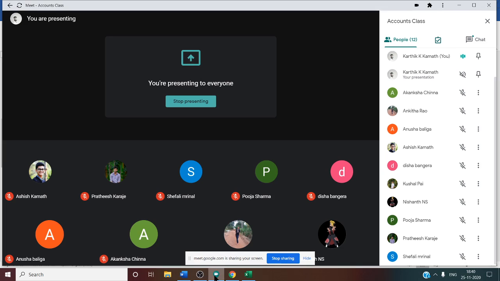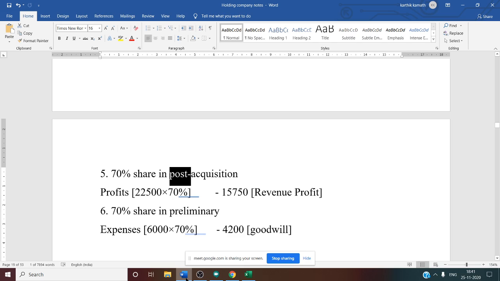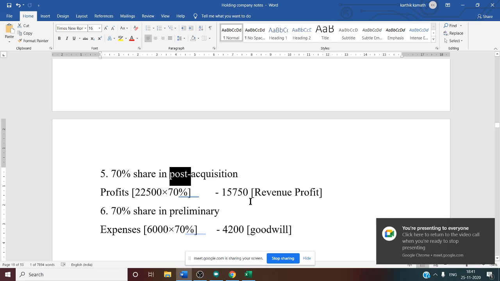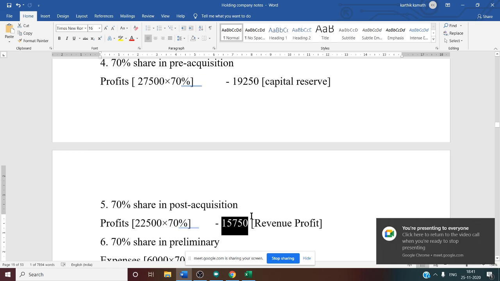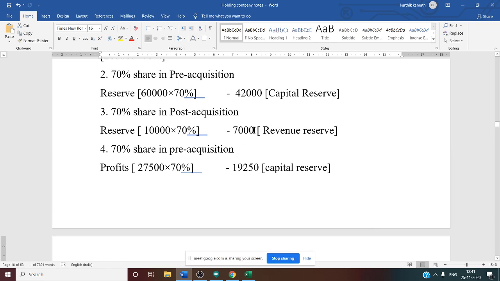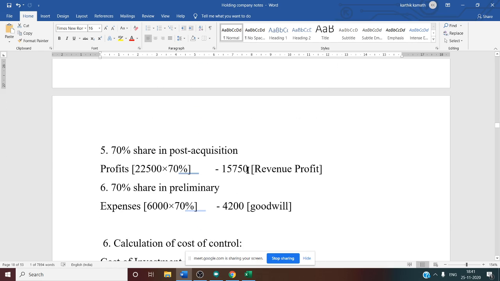Whenever post information is given, it is short term in nature, that is why it is revenue. Whatever amount you get as revenue, you have to show in the consolidated balance sheet. That means this post-acquisition reserve you show under the reserve column, and this post-acquisition profit you show under the profit column. The profit column is a combined column of holding company and subsidiary company in the consolidated balance sheet.